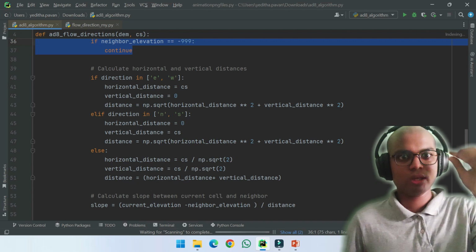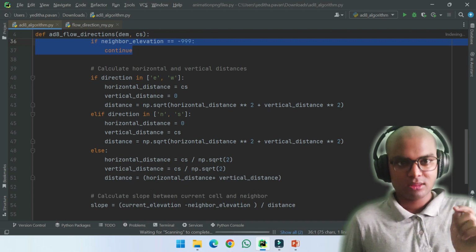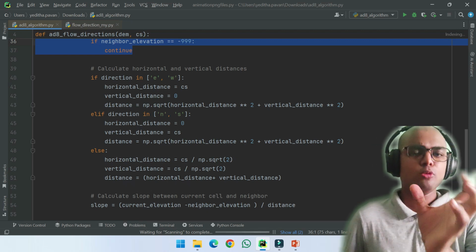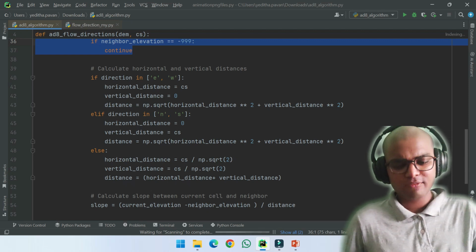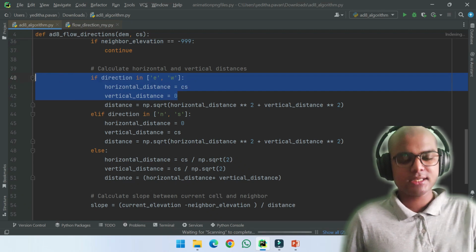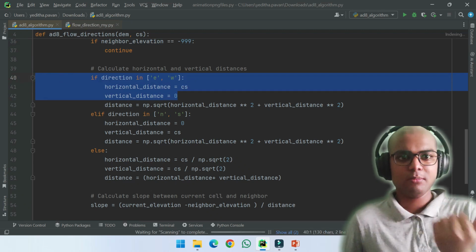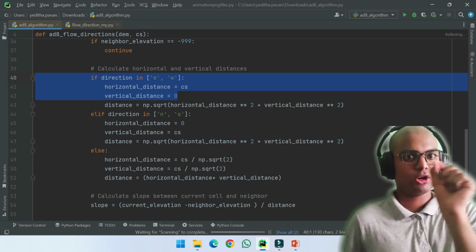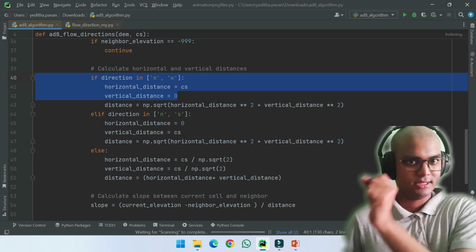But if we are talking about the diagonal directions, then we need to think about the inclined distance. To be able to differentiate that, what I have written here is, if it is east or west, that means the row value is not changing, only the column is changing because it is moving either this side or this side.